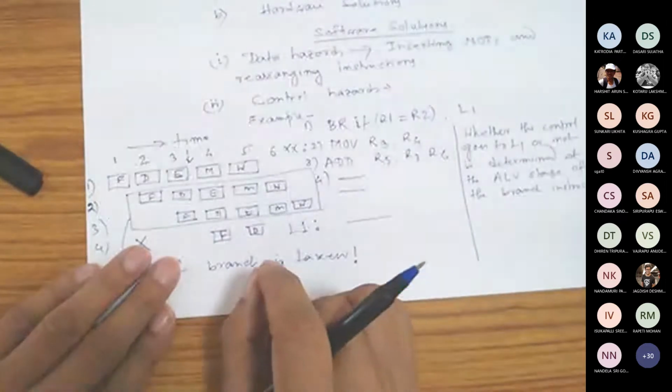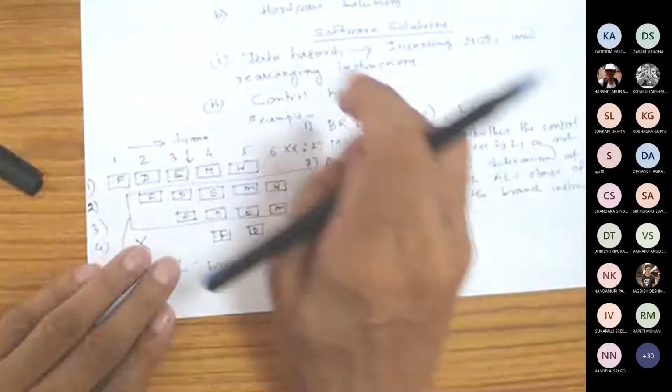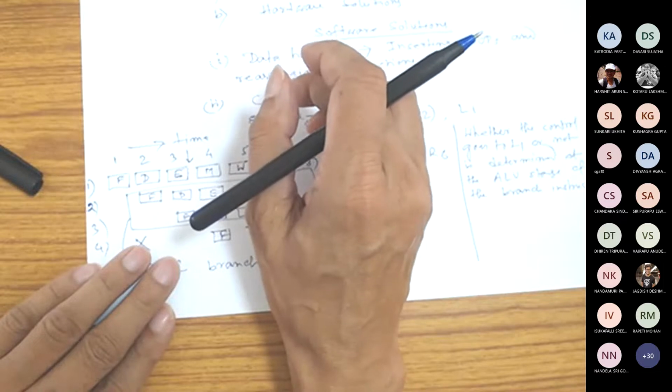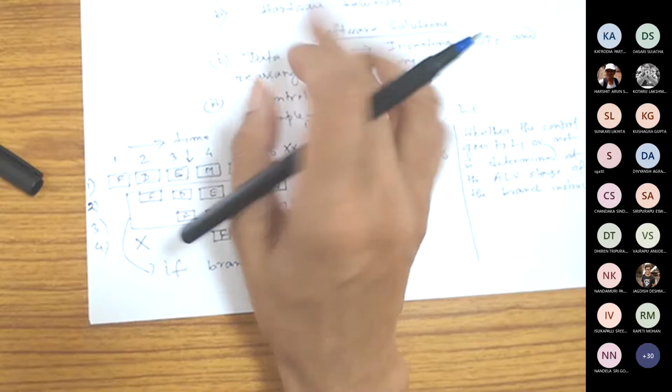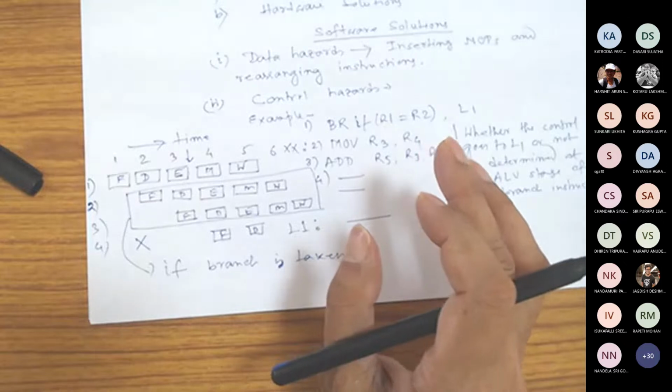Whenever during the processing at the software stage you find a branch instruction, a conditional branch, obviously, then you insert 2 NOPs for the safe reason. Now, that's a solution.